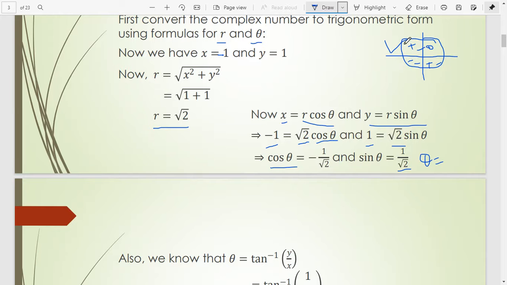So we get the point in second quadrant, and cos theta is equal to 1 upon root 2. So theta is equal to pi by 4. So angle is pi by 4.